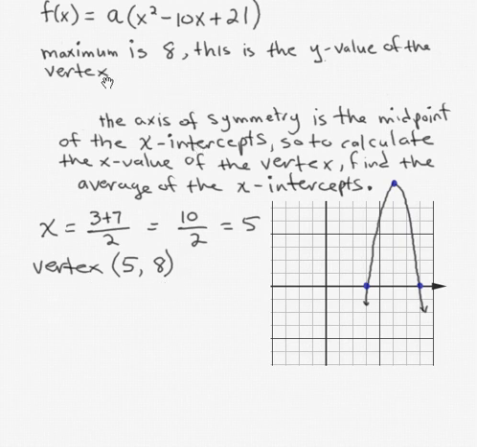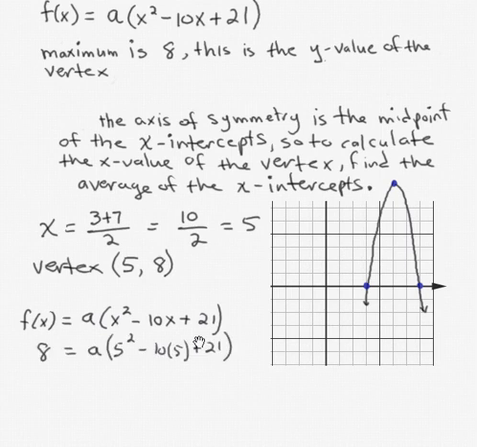And that's going to help a lot because we know x is 5 and y, or f of x in this case, is 8. So let's take my original equation here that we've worked at by adding my answers and multiplying my answers. Let's substitute in 5 for every x value and 8 for every y value, or the f of x value.